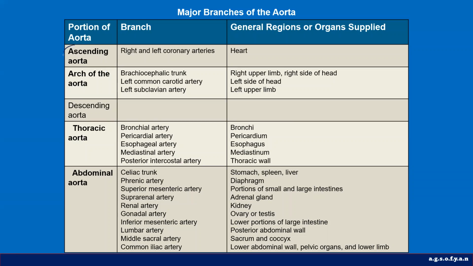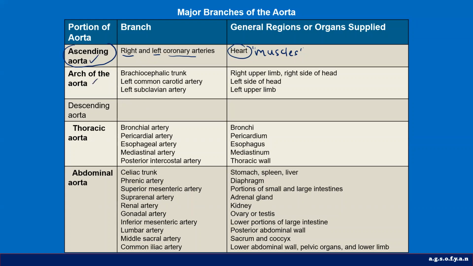Again, from the ascending aorta, there will be two arteries, the right and left coronary arteries. They will give blood to the heart muscle. Remember, muscles need a lot of oxygen in order to contract. So the cardiac muscle receives the first rich blood from this ascending aorta.